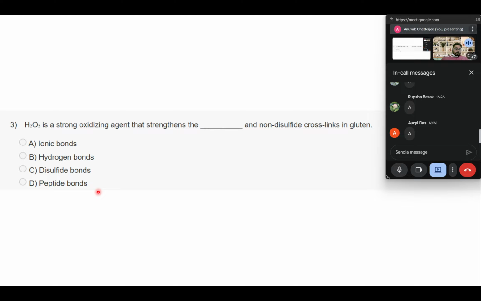You can put in what you think is the correct option in the chat. Jyoti says it is C, disulfide bonds.